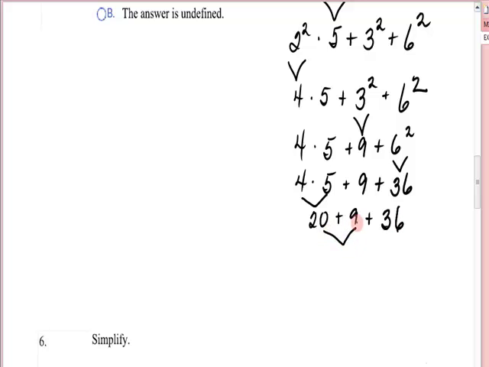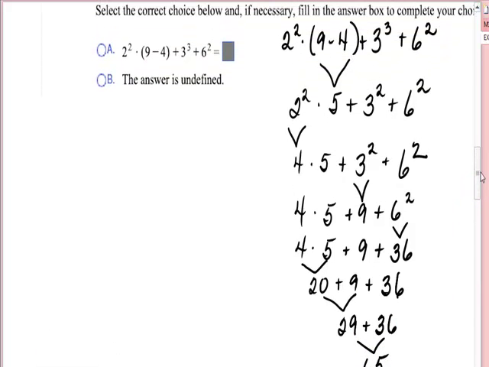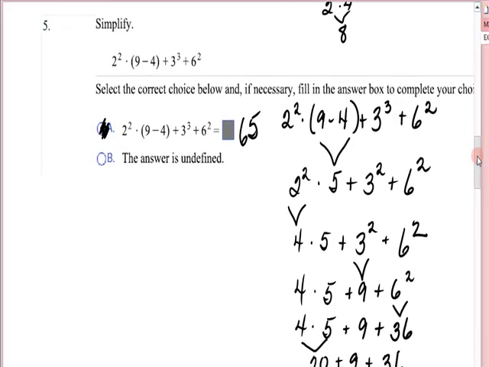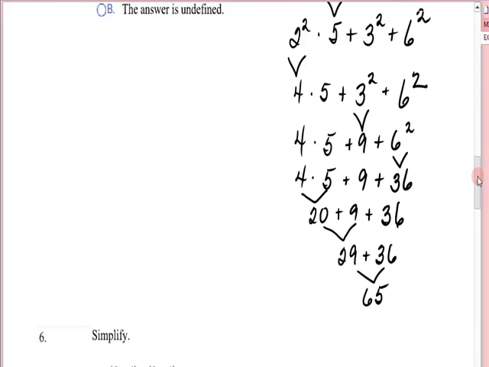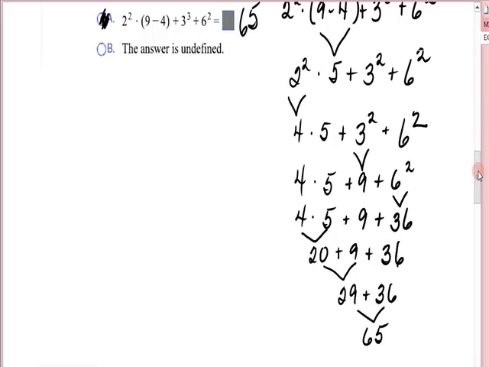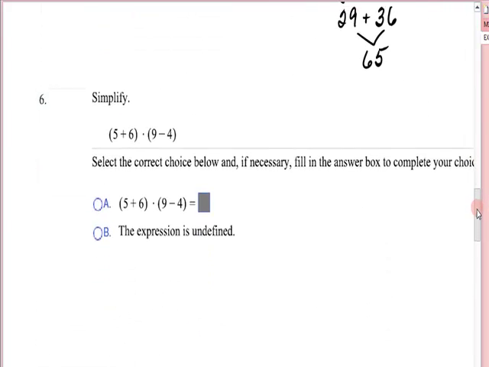I'll go left to right. 20 plus 9 is 29. Plus 36. Add those for 65. So when I find the value of this, I simplify this expression. I ended up with 65. Please excuse my dear Aunt Sally.